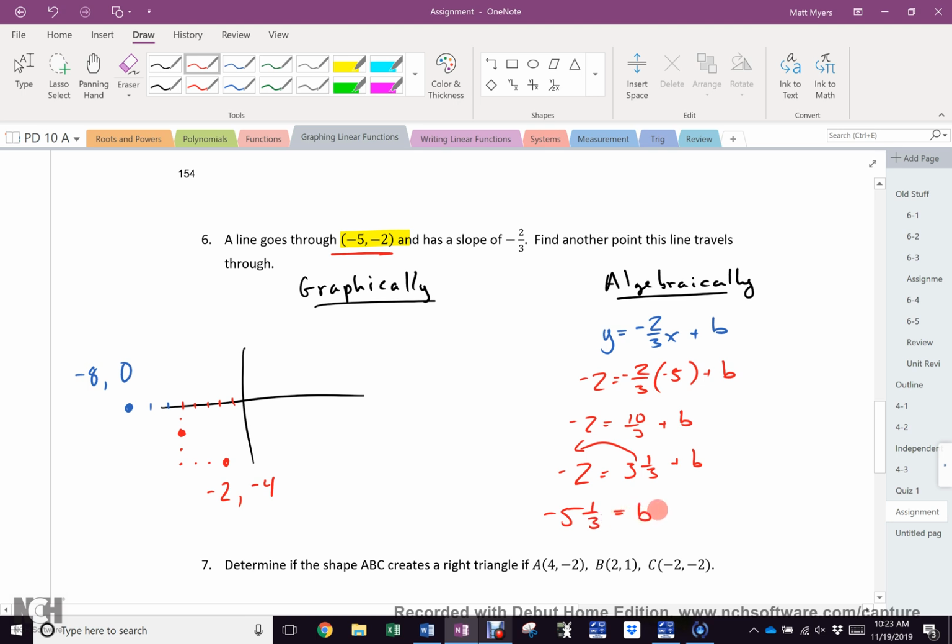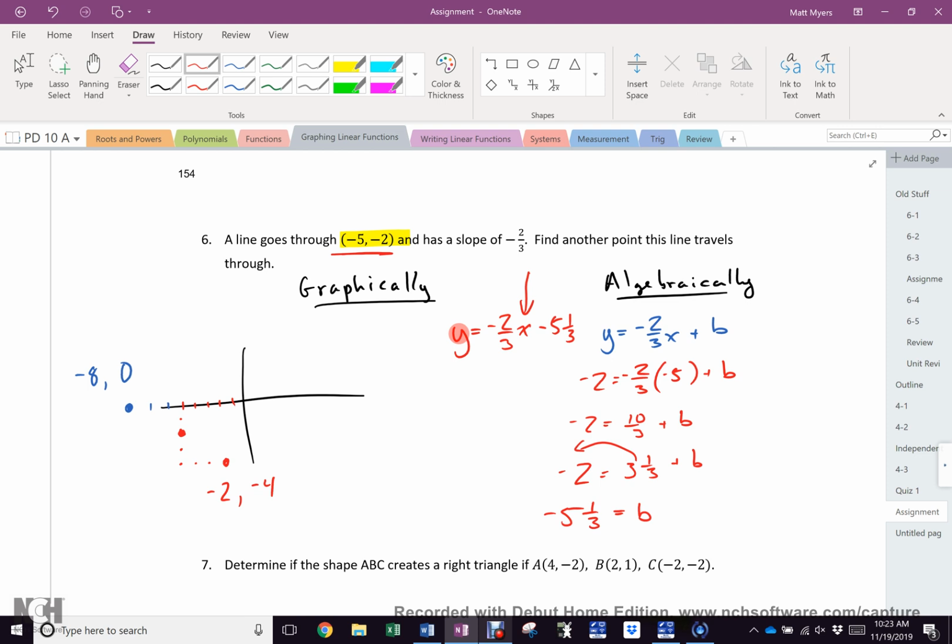So now, y equals negative 2/3 x minus 5 1/3, correct? Now, any number you choose for x, multiply by that, subtract that, you get your y. And then you can do these questions algebraically, whichever way you see fit.